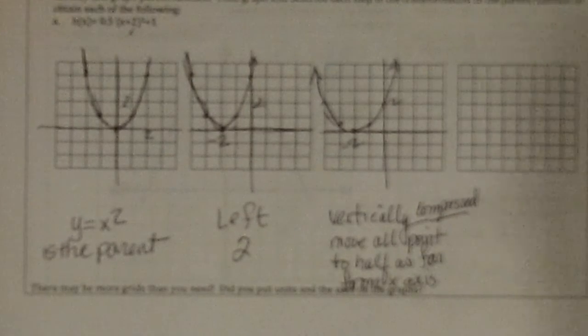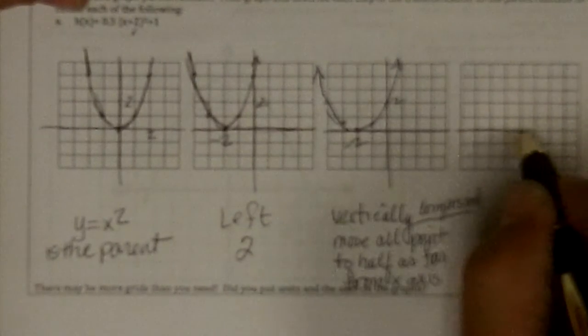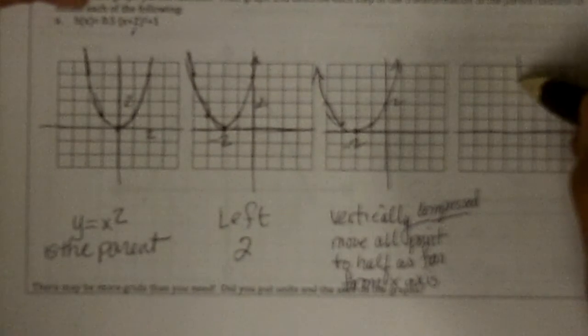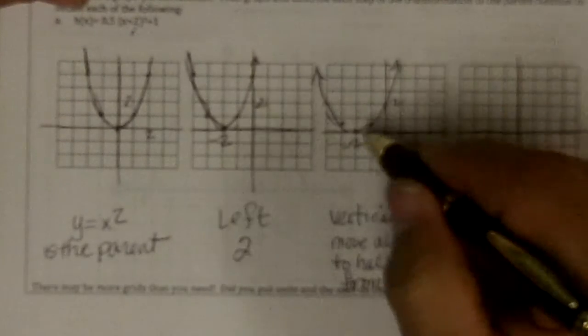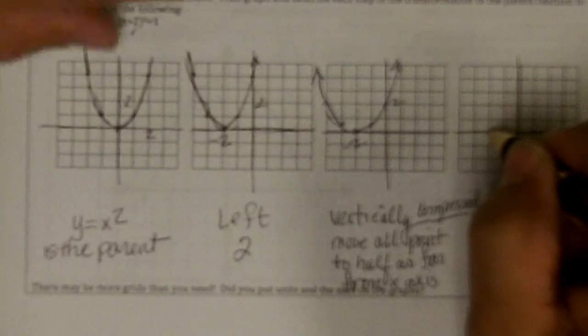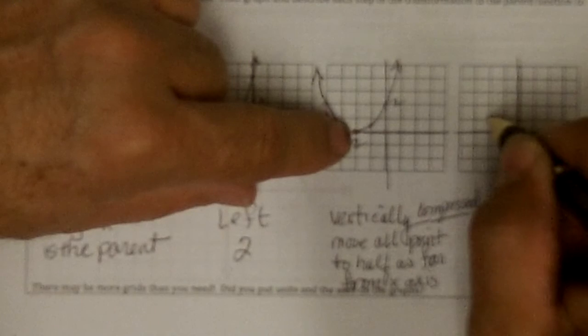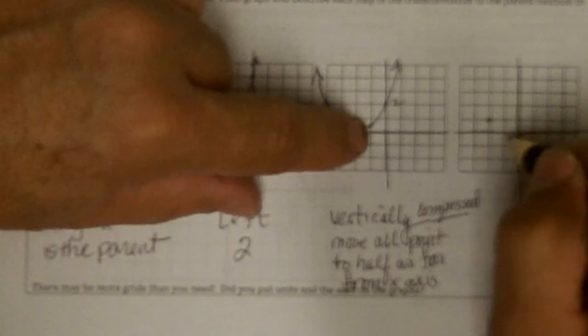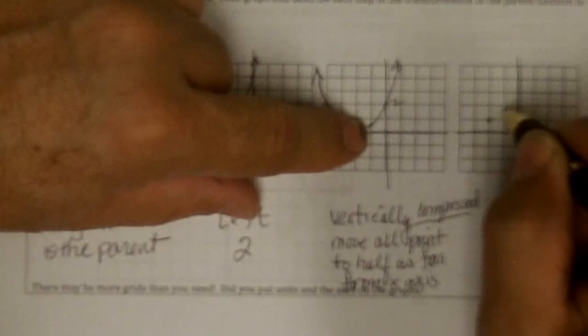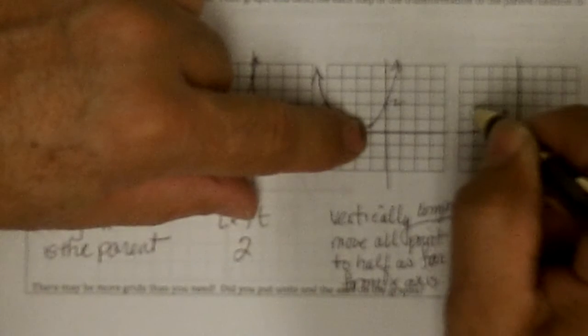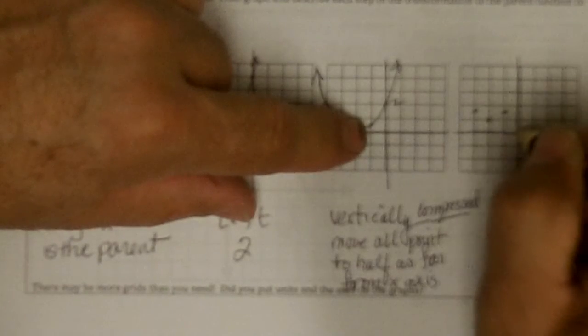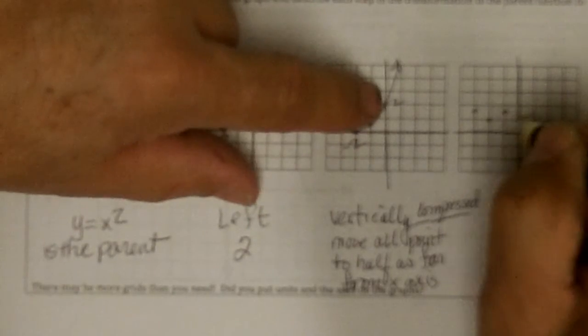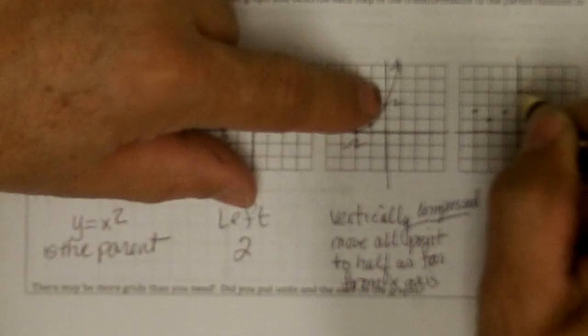And then we're supposed to move it up 1. So now if I move this graph up 1, this minus 2, 0 becomes minus 2, 1. This minus 1, 1 half becomes minus 1, 1 and a half. And minus 3 is 1 and a half. And at 2 it was at 2, so now it's up 1, so it's at 3.